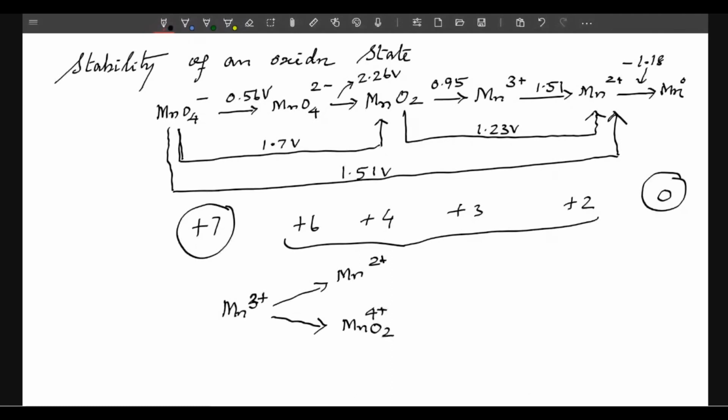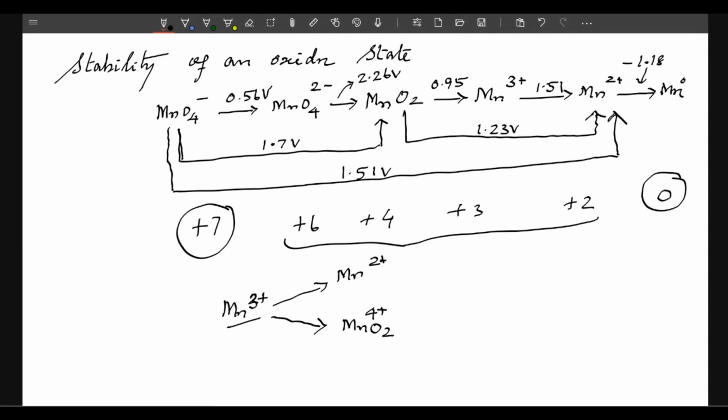If the same species undergoes oxidation and reduction, in organic chemistry we call this auto-oxidation reduction reaction. The aldehyde undergoing reduction to give alcohol and acid is auto-oxidation reduction.